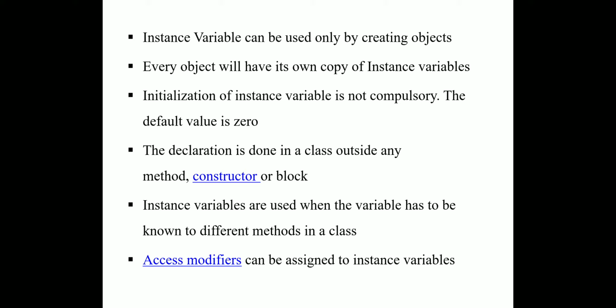Access modifiers can be assigned to instance variables. Access modifiers means public, private and protected. These are access modifiers. We can discuss all the access modifiers in further classes. Now we only concentrate on instance variables.